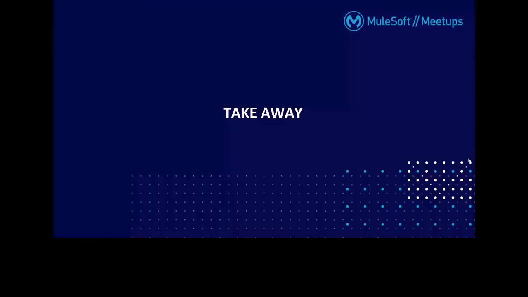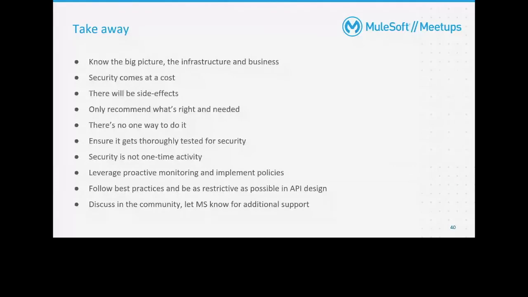So finally, I want to conclude the presentation by summarizing what we've seen so far. It will be good to know the big picture, the infrastructure and the business. Security comes at a cost, so whatever we try to implement will have additional cost.